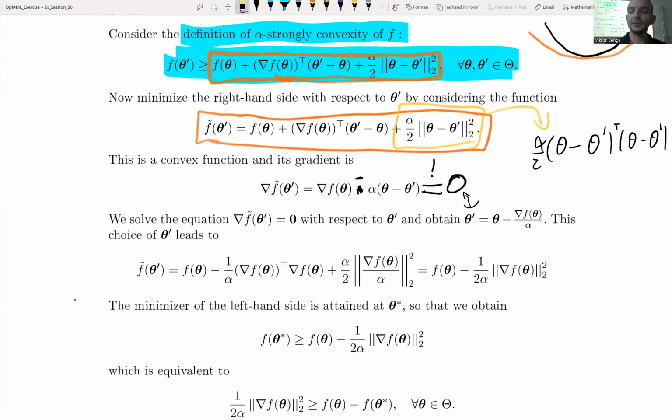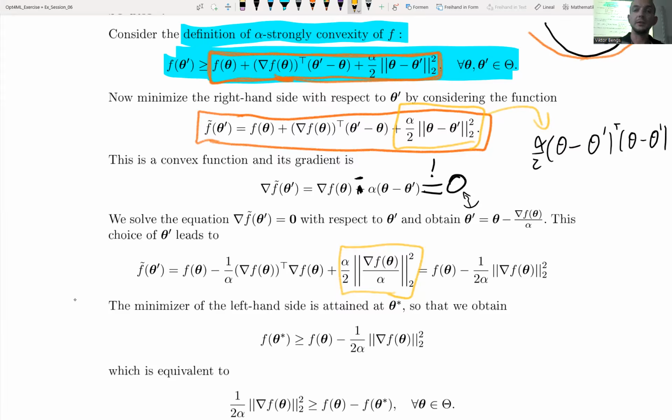Here, for the squared term, plugging in the theta prime, yeah, as this solution, theta minus theta cancels out. What remains is gradient of f theta divided by alpha. This is what you see here. The minus doesn't matter in the norm. We can forget about it.